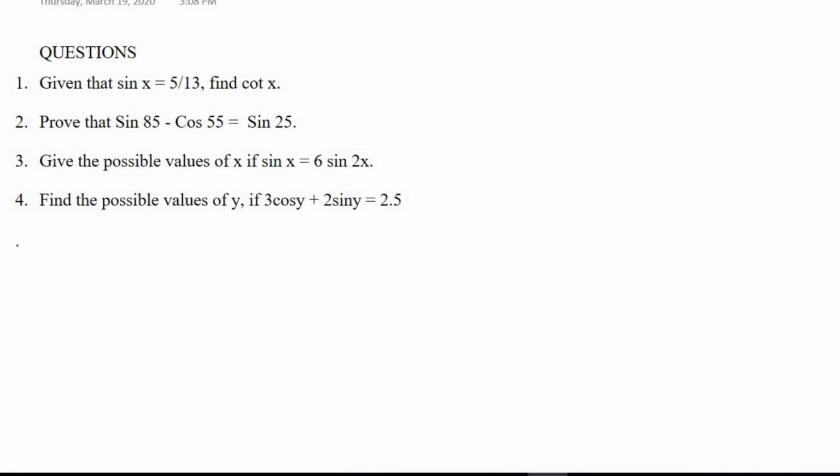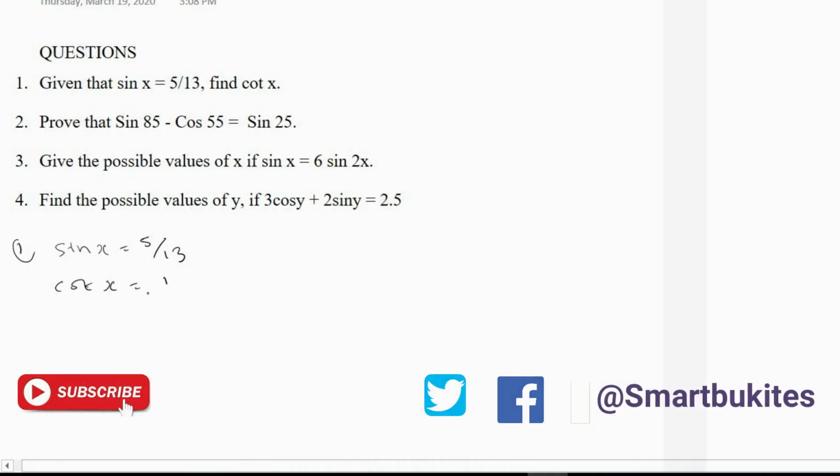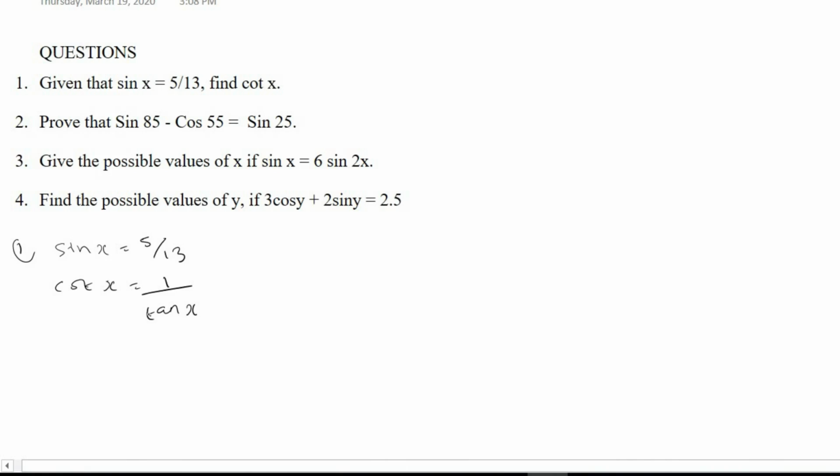For the first question, we're given that sine x is equal to 5 over 13 and we're asked to find cot x. Now cot x is 1 over the tan of x, and though we're not given the tan of x, that's not really much of a problem because you can represent the information you were given in a triangle.